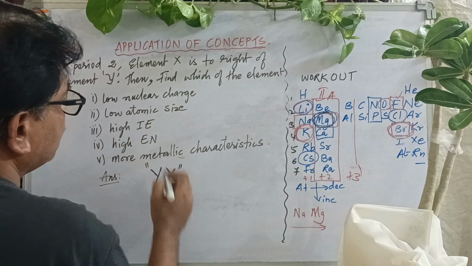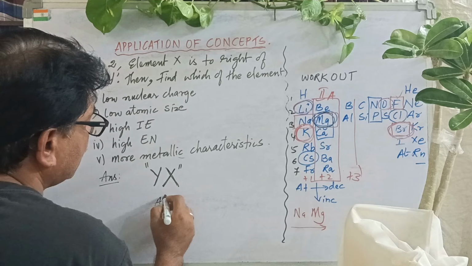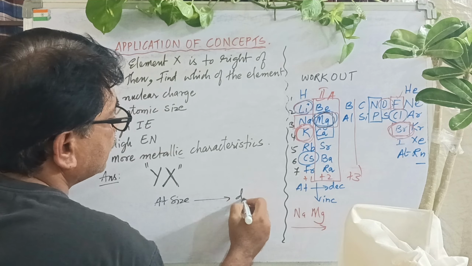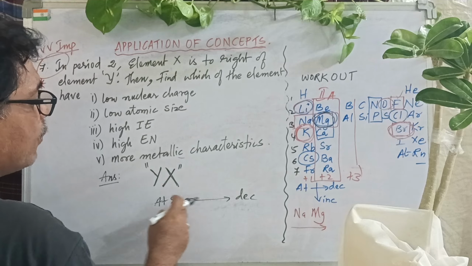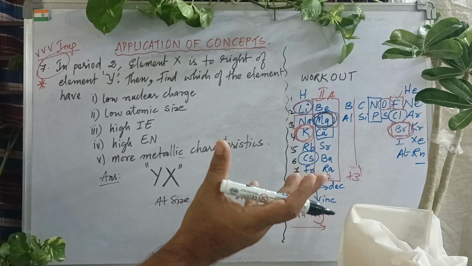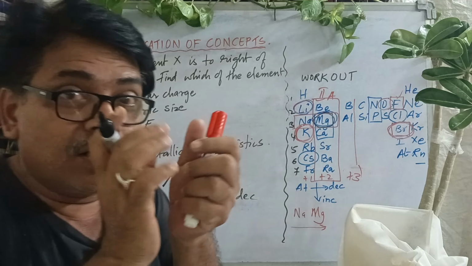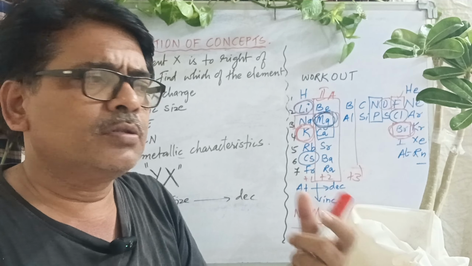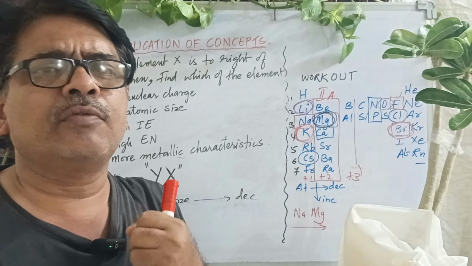Now, low nuclear charge. Remember, if you go this side, atomic size decreases, so the nuclear charge is more. Atomic size is little, nuclear charge is powerful, because the nucleus can easily pull the electrons toward its center.